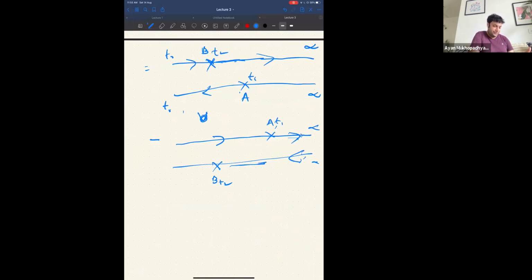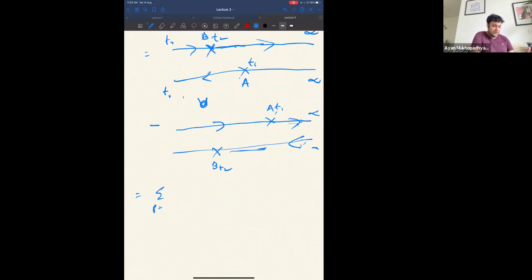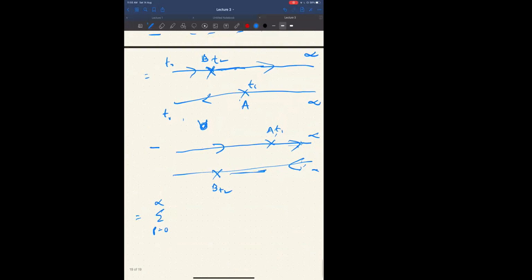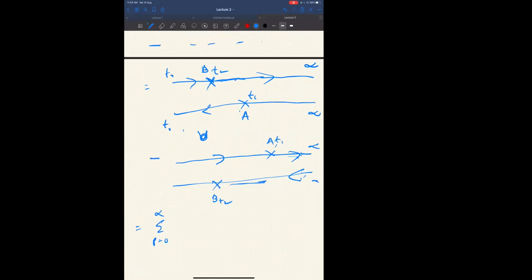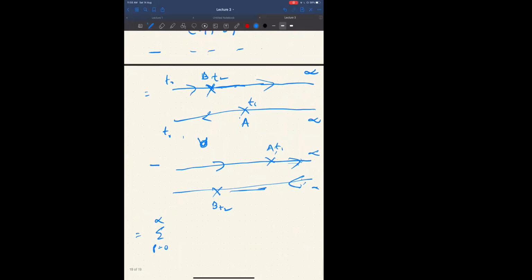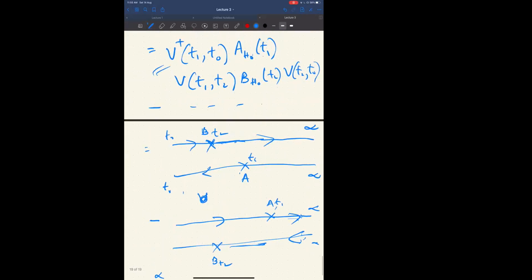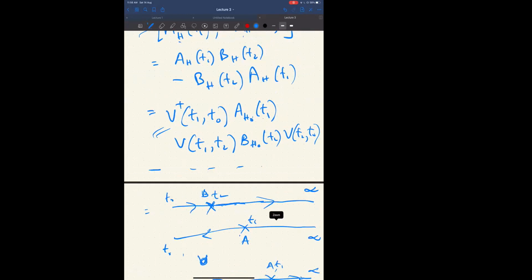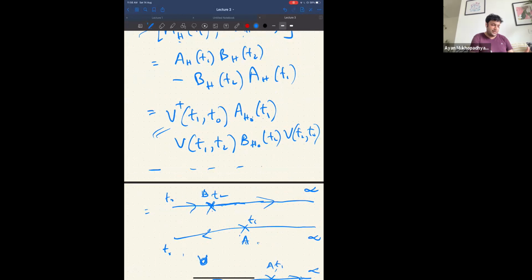So if you wish, I can rewrite this as a sum, p equals 0 to infinity. Sir, in the first term, the B operator should be in the second, backward path or forward path? No. This is correct, right? This A is occurring later on the contour.